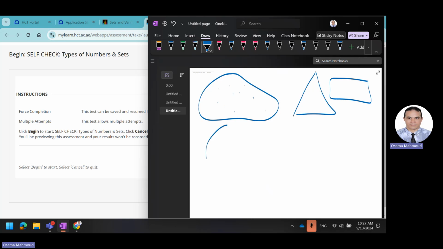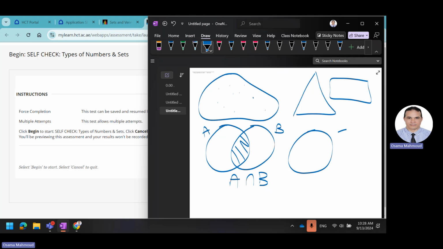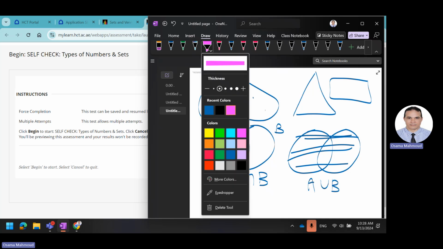So Venn diagram, when you have two sets, A and B, the common element is called A and B, or the intersection, right? But if you have A and B and you take everything and the repeated part, you write it only once, this is, you call it A or B. You have a very special case here. What is the special case?